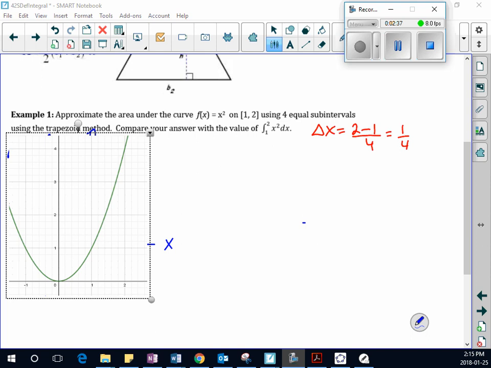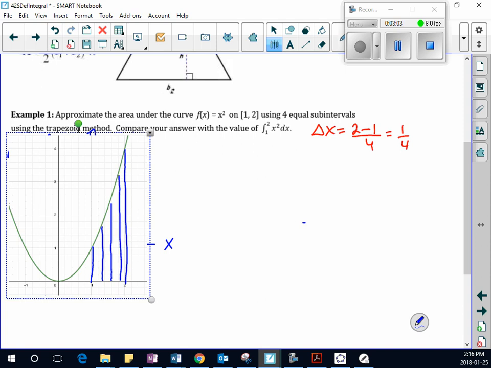So do you see, here is 2 and here is 1, yes? And then if I split it in half, 1, 2, 3, 4, 5, of course this is in fifths. That's okay. Split it in half, split it in half, split it in half.